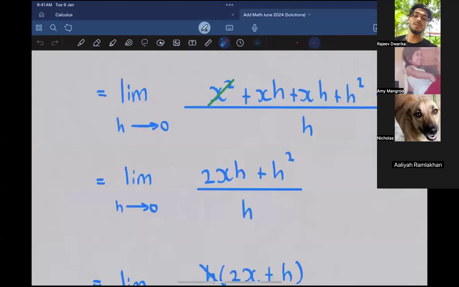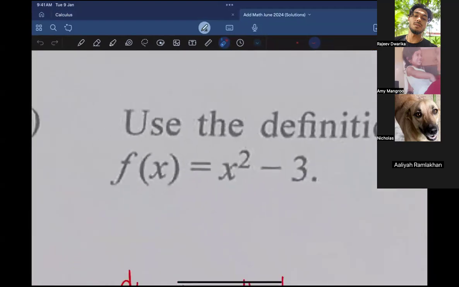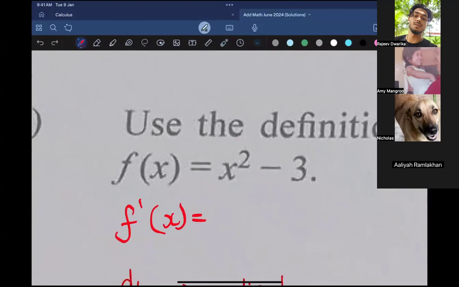Amy, I want you to observe the answer you got. You got 2x. Do you remember how to do differentiation from last class? Yes. All right. If we differentiate this function, the notation would be f prime x. To differentiate x squared, you pre-multiply and then you minus 1 from the power. So we end up with 2x. And if you differentiate a constant, you just get 0.